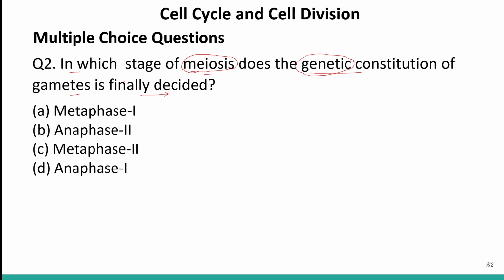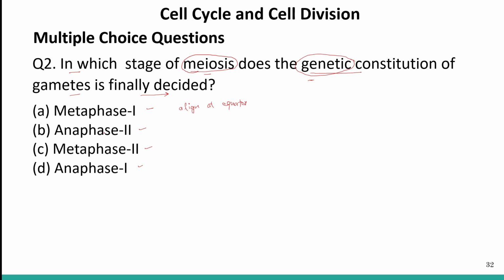Options are metaphase 1, anaphase 2, metaphase 2 and anaphase 1. In metaphase 1, usually chromosomes align at the equator. So there is no change in the genetic constitution.